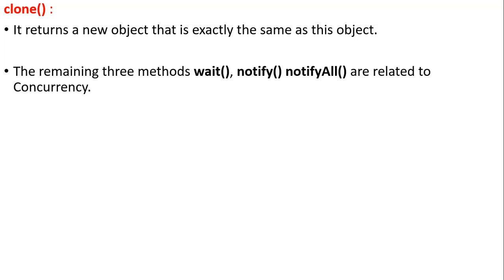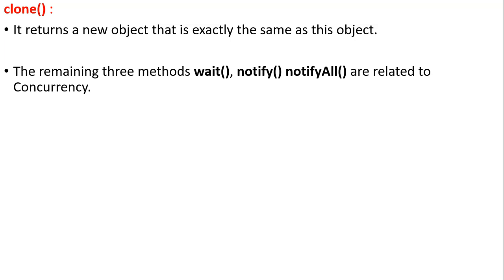The next one is the clone method. It returns the exact copy of the existing object. It is a predefined method in the Object class. It returns a new object that is exactly the same as this object. We can say it is like a Xerox.